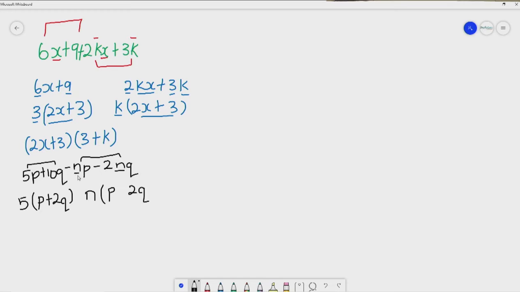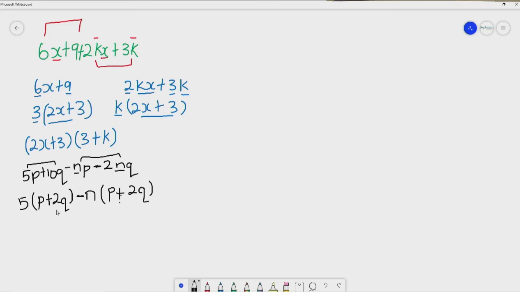In this case, we have a minus p outside, a minus n outside. When we clear the bracket, minus times a minus will give us a positive, and we don't have a positive there, we have a negative. So we have to write this as a positive. Minus n times a positive 2q gives us a negative 2nq.